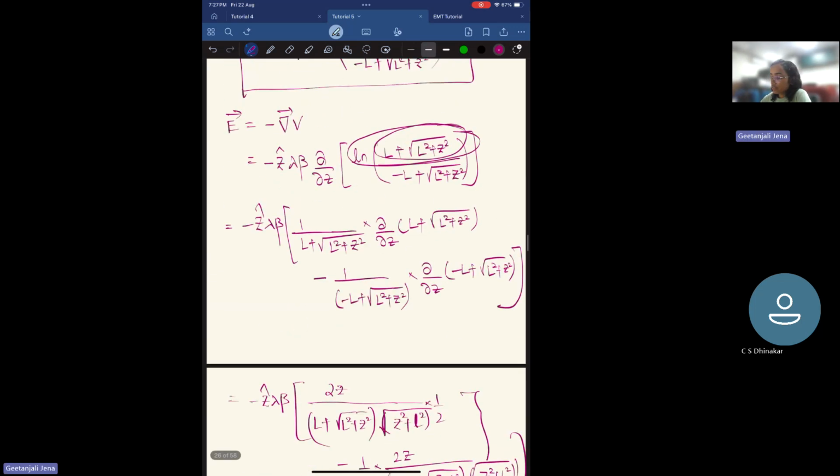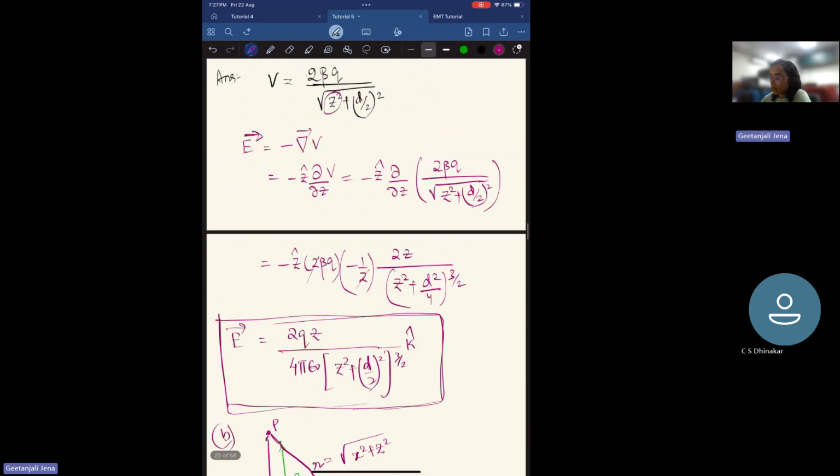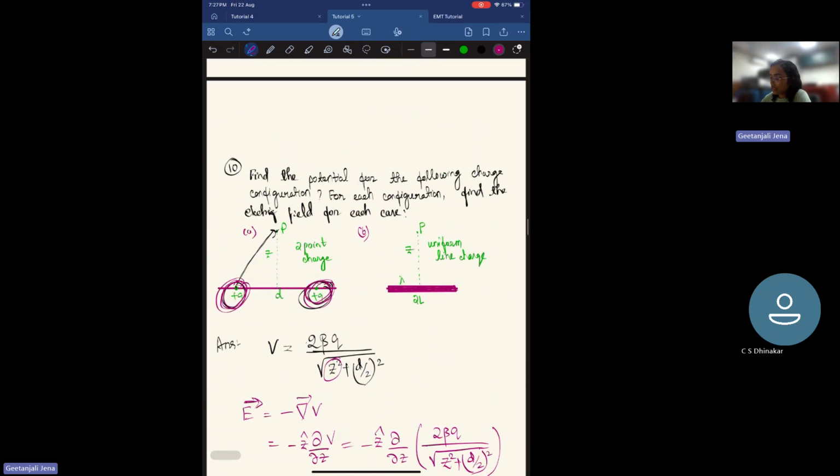The question was the second part of the 10th question: there is a uniform line charge density of lambda and the length is 2L. You need to find out the potential at the point P and the electric field at the point P.